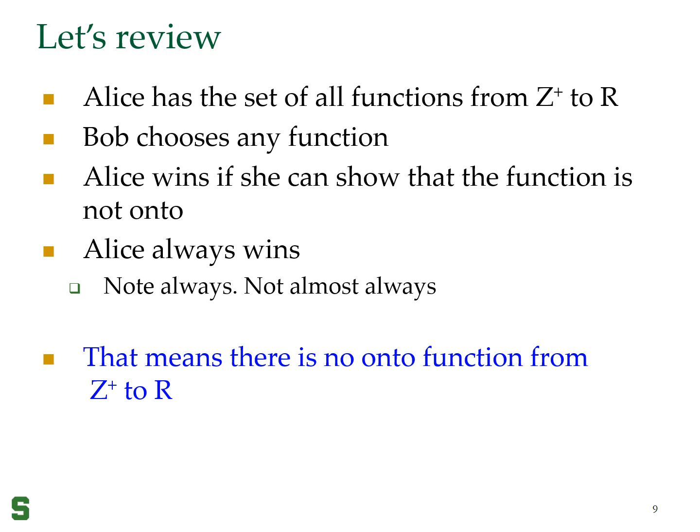And because Alice always wins, she is able to show that the function is not onto. That means whatever function Bob chooses is not onto, and that means there is no onto function from Z plus to R. And also it means that there is no bijection from Z plus to R.